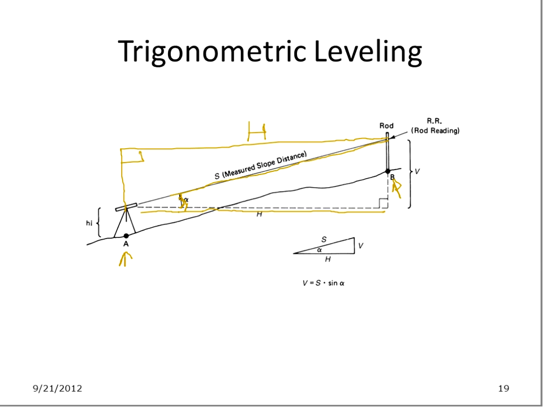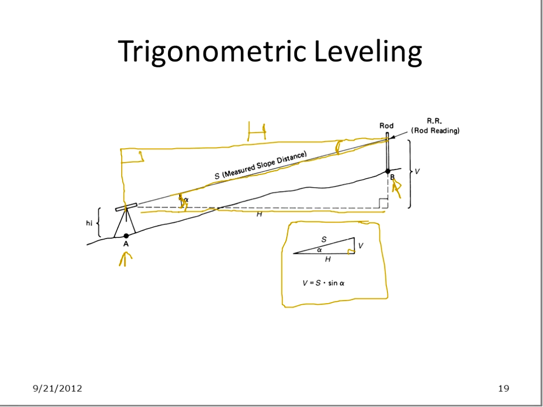This H is this horizontal distance between the two points. You're measuring this slope distance here. And then this angle and this angle are actually the same angle. And this angle is easy to measure with your equipment. So this is essentially what we've created, this right triangle here.